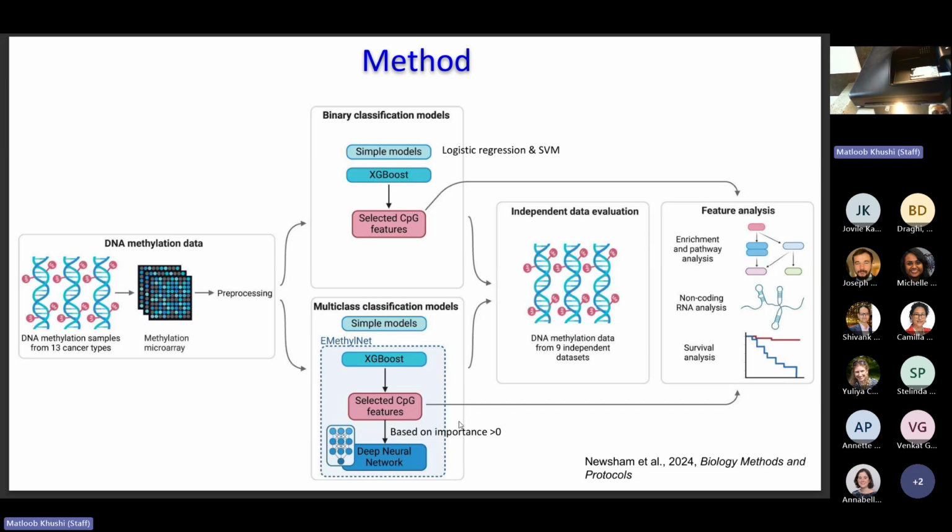Part of the model used XGBoost, which gave us the features that the model used for generating the classification. We could then take the features and map them onto the genome, to genes that were near the CpG islands, and interpret the results of the classification biologically.